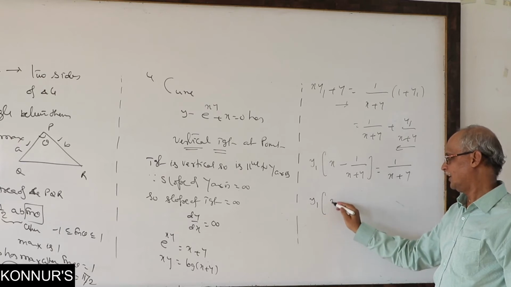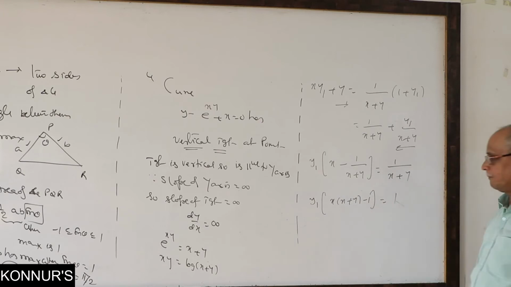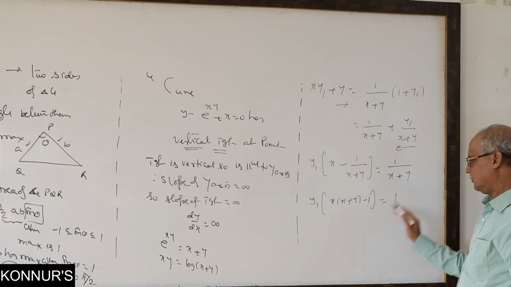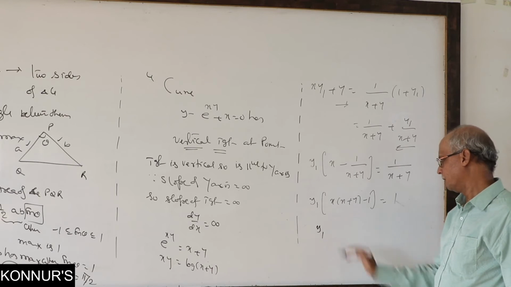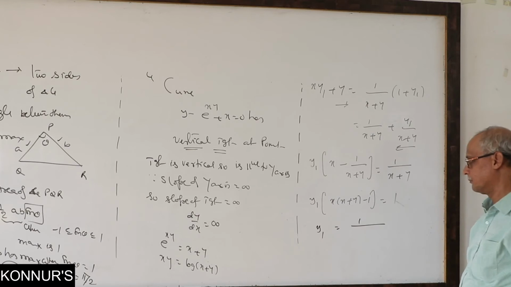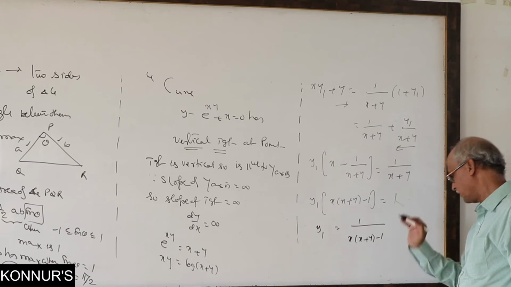y1 multiplied by x into (x plus y) minus 1 equals 1. The x plus y cancels, usually not written. The denominators cancel; x plus y is non-zero, so we are cancelling. Then x into (x plus y) minus 1, therefore it is very clear, okay? y1 is equal to 1 by x into (x plus y) minus 1.